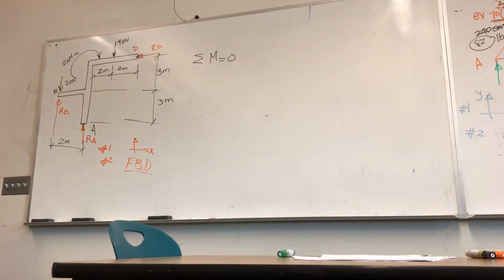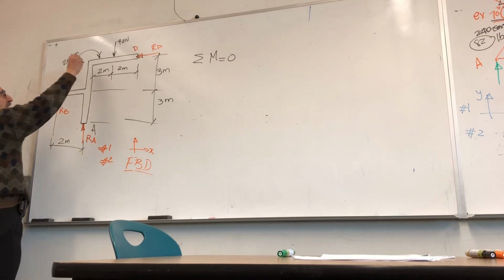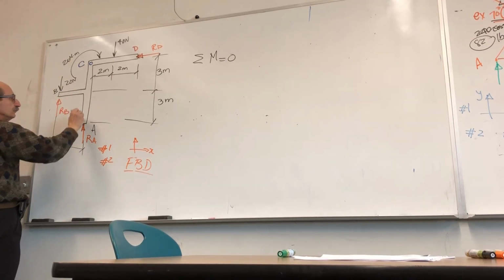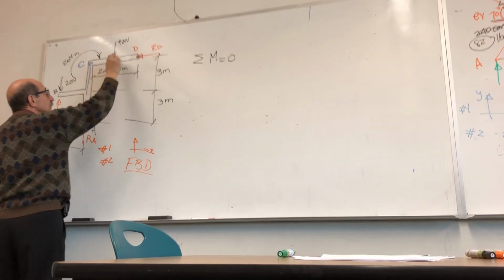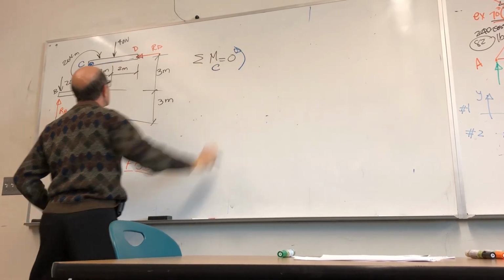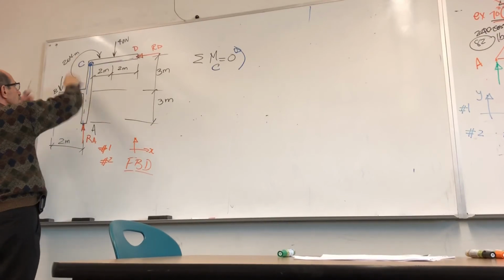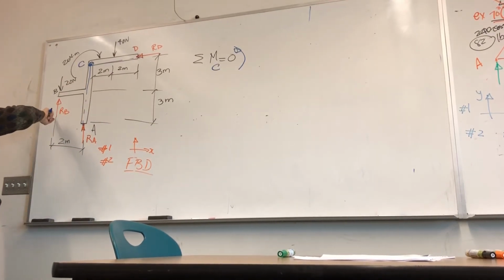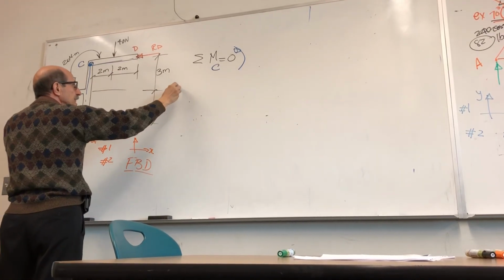Do you see a point where 2 unknowns intersect here? If I take summation of moments about point C, I get rid of these 2, and you only have RB.